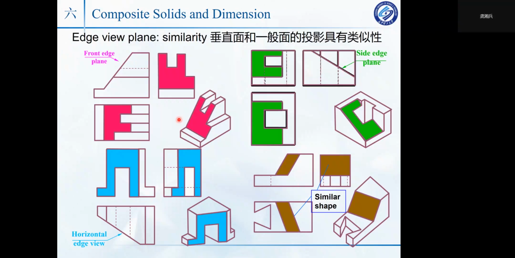This is the horizontal edge view plane, perpendicular to the horizontal projection plane. The side edge plane is perpendicular to the side plane. Then the oblique plane. So we have different kinds of planes, and they have similarity when you do the projection. You can see from this picture and easily understand the question here.